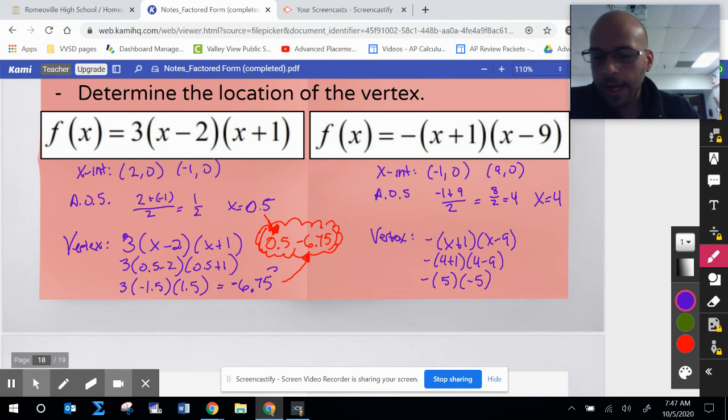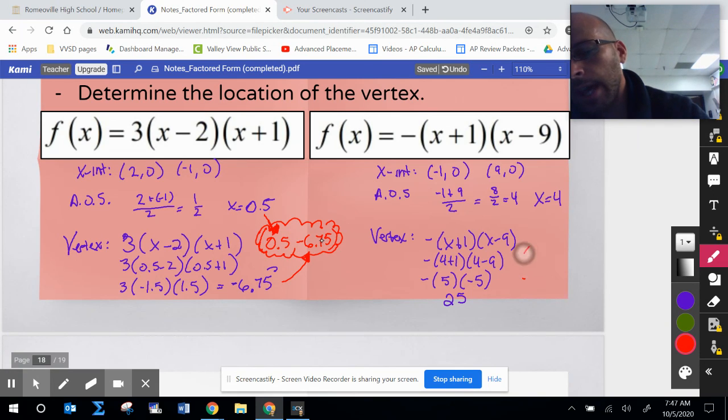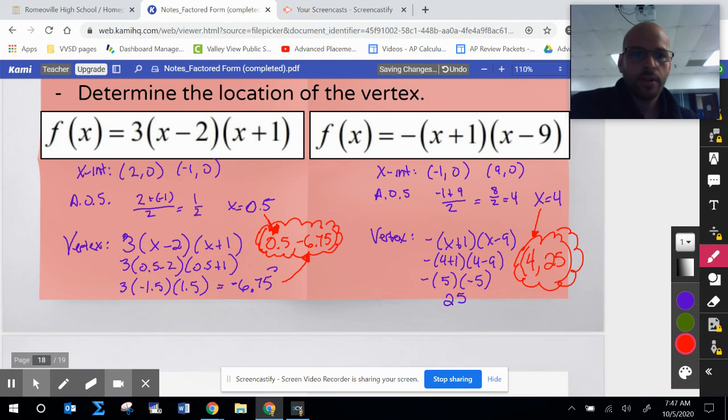And if you multiply that, negative times 5 times negative 5, that gives us a 25. So my vertex is going to be at the coordinates of 4, because that was the axis of symmetry, comma 25. Those are the coordinates of my vertex.